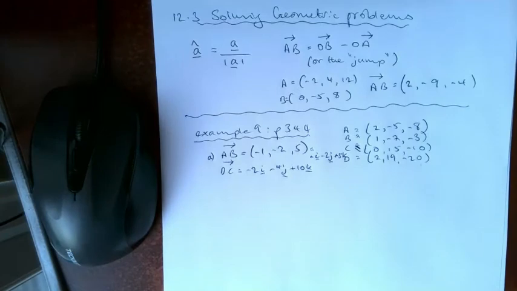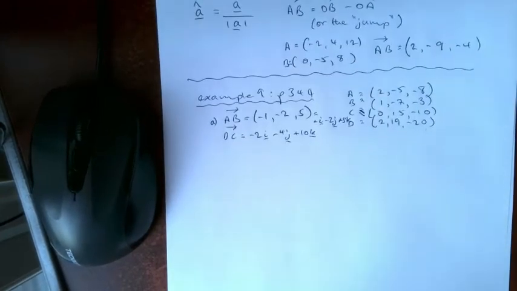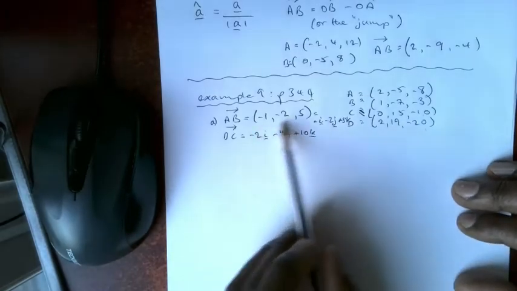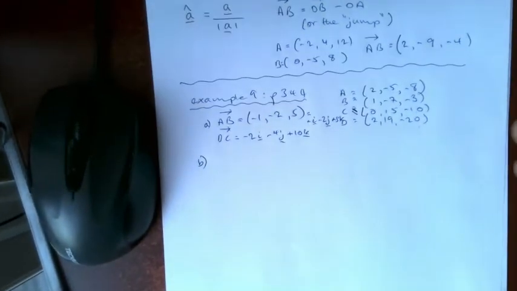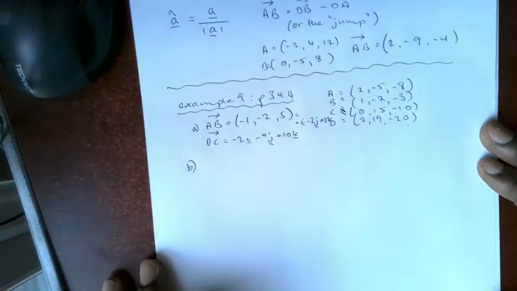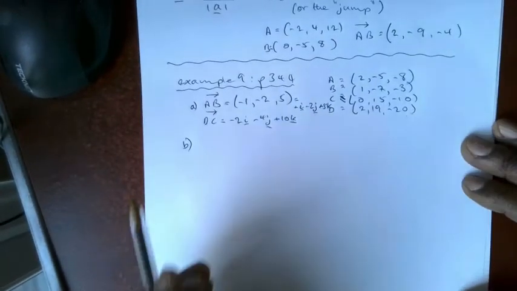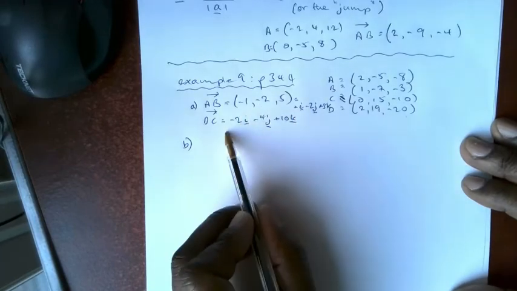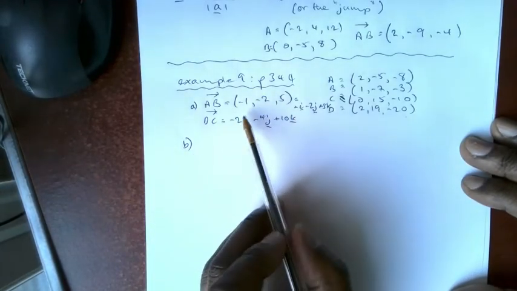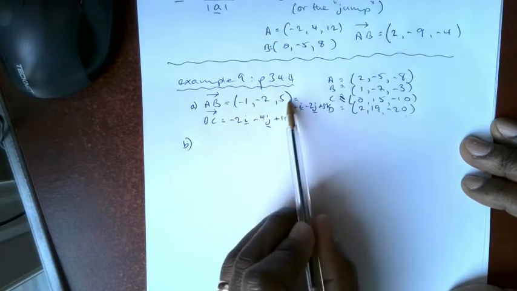So that's part a. Part b, show that the lines AB and DC are parallel, and that DC is 2 lots of AB. Right, okay, if these are going to be parallel, then one's going to be a multiple of another. We did that in a previous video. So if I have a look, yes, basically this vector DC is this vector times by 2.